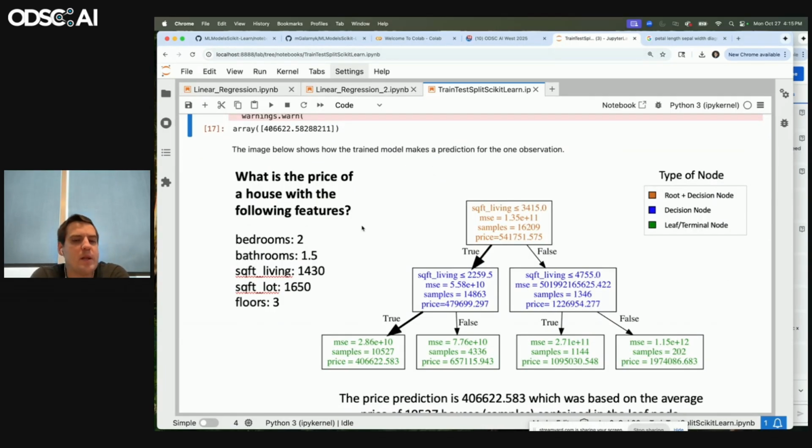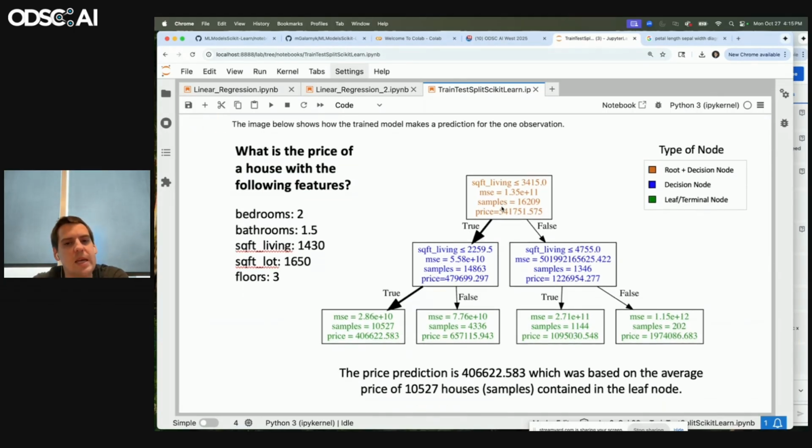So really what this model ended up learning, based on how I trained it, is that the first question asked is: is the square foot living less than or equal to 3,415? If that's true, I'll then ask: is it less than or equal to 2,259? And if that's true, based on how many houses are in this leaf node, so to speak, we average those predictions together, and we'll have that as our prediction.